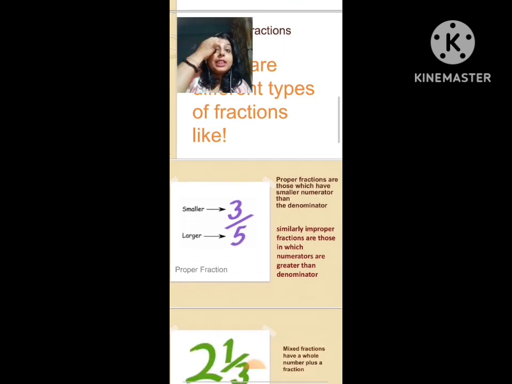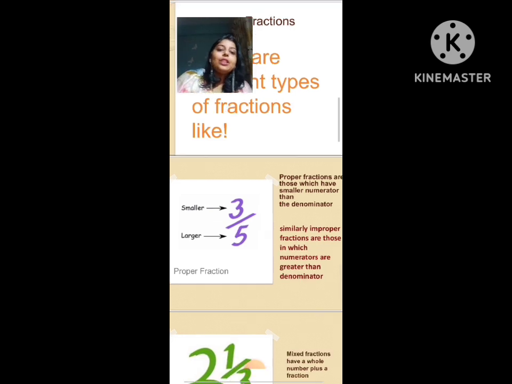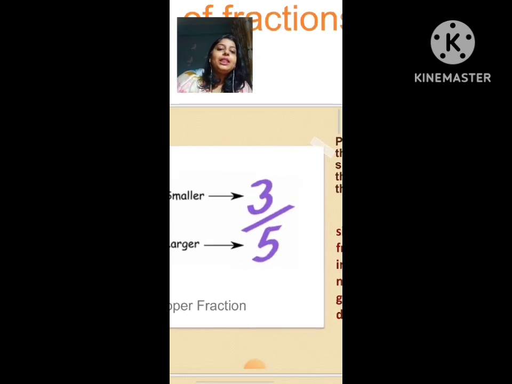Okay, now next is proper fraction and improper fraction. As you can see here, 3 by 5. In this, 3 is the numerator and 5 is the denominator. So in any fraction, if the numerator is smaller than the denominator, then that fraction is a proper fraction.